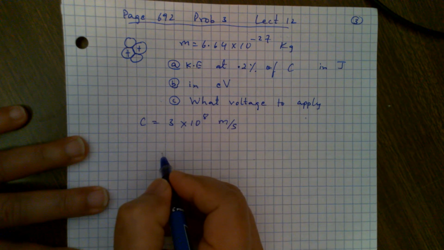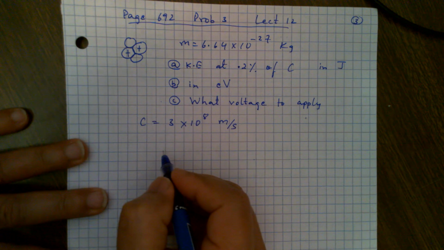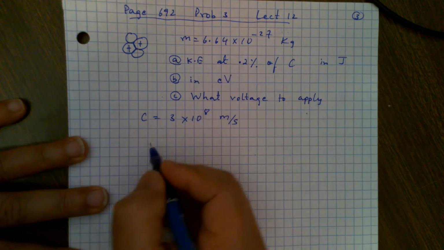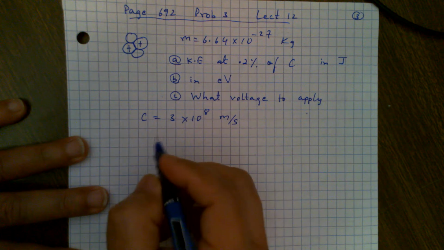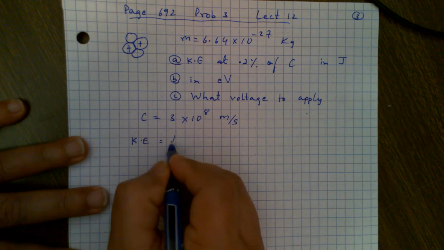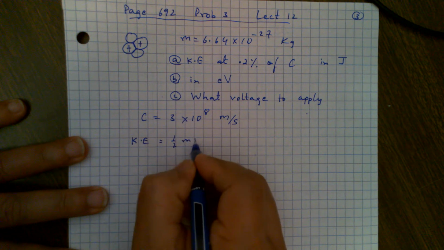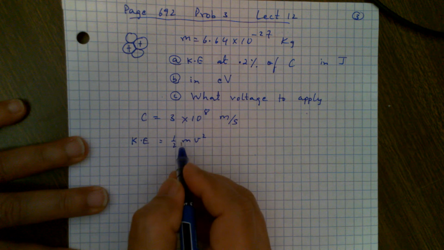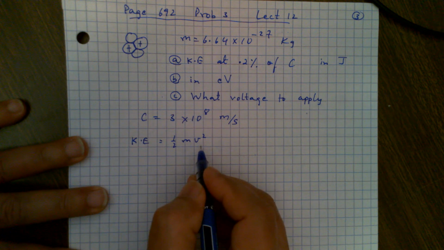That's the velocity of light. Now, I'm going to calculate the kinetic energy, and the kinetic energy formula is half mv squared. We know what m is, so all we need to know is what v is.